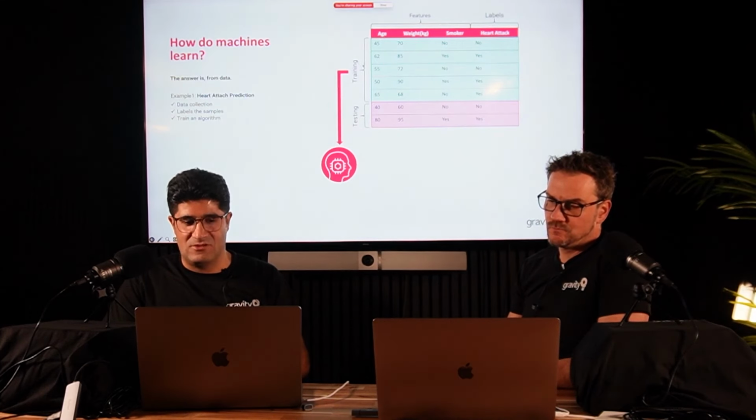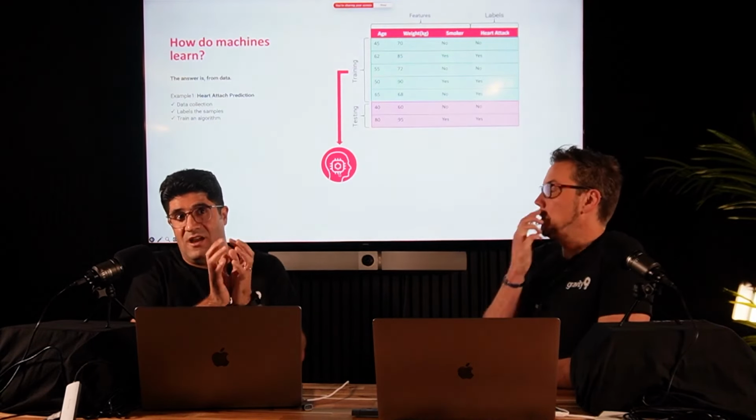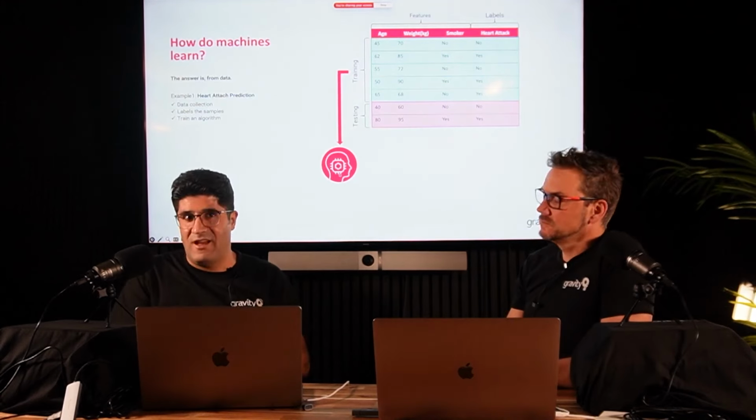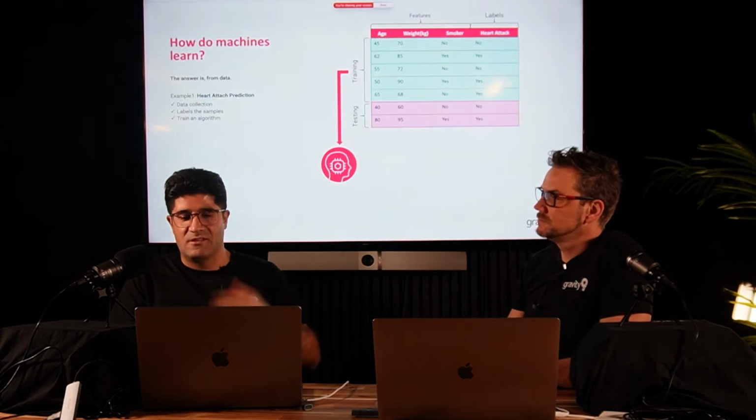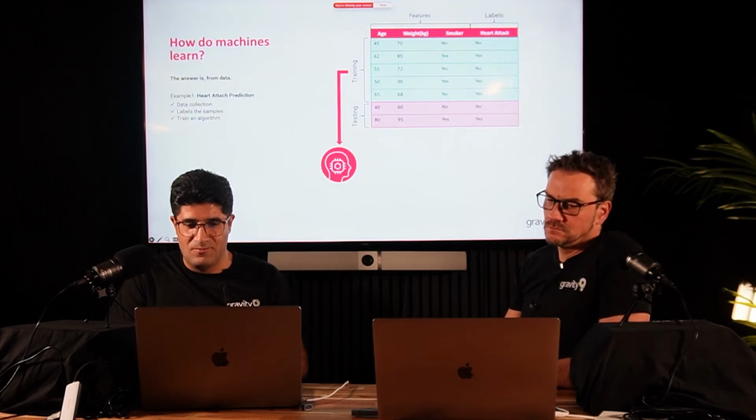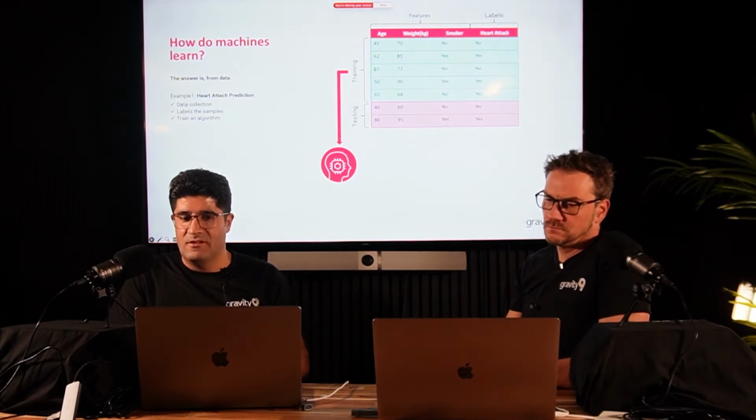We feed this data to a model or an algorithm. We have 100 or 1,000 algorithms, and we need to select one of them, then send the training data to the algorithm and train it to predict the correct value for the labels.